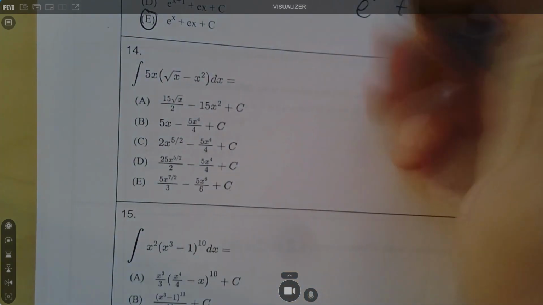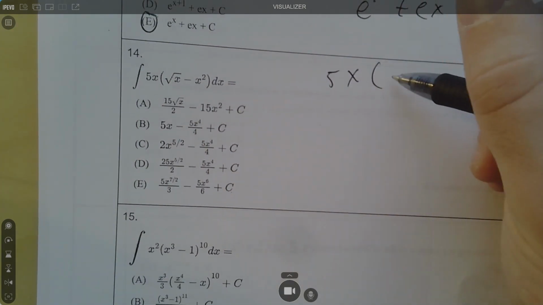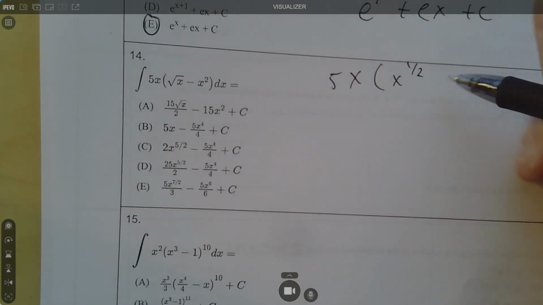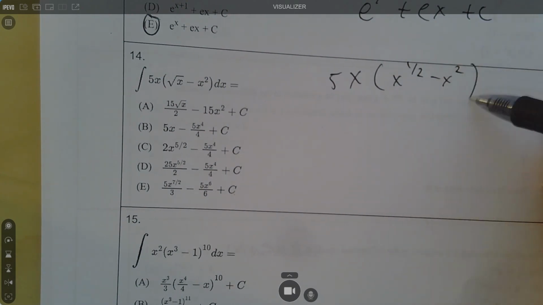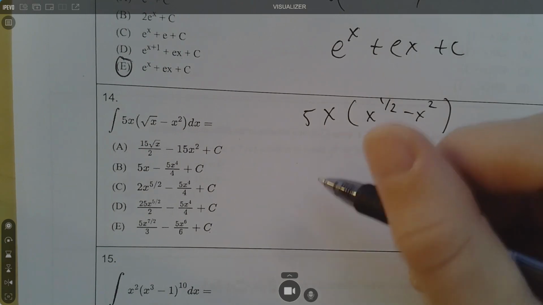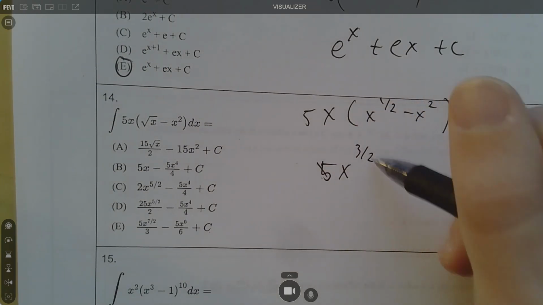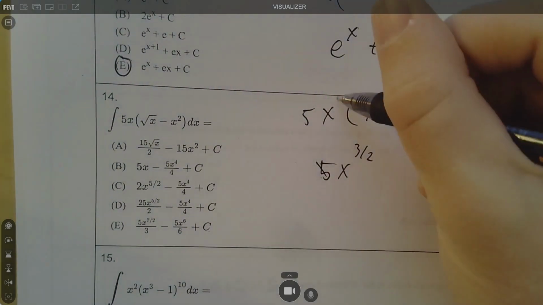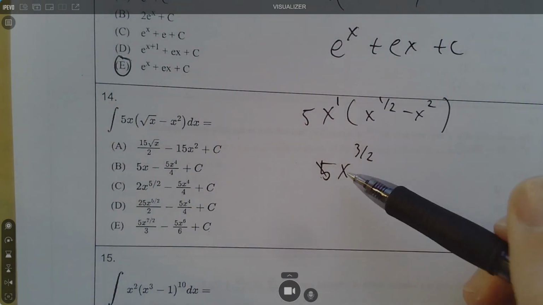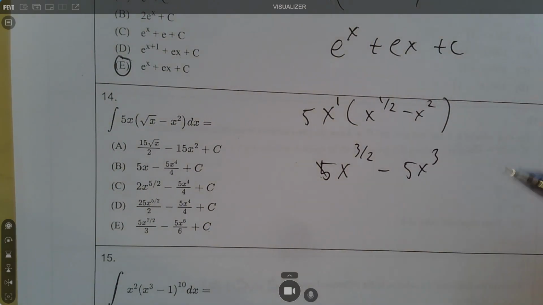So what you're actually going to do here is multiply things out. You can simplify this by rewriting that as x to the 1/2 minus x squared, and we're just going to multiply this straight through. So 5x times x to the 1/2 is actually 5x to the 3/2, because there's a little 1 up top, so you're doing 1 plus a half, that's 3/2, minus 5x to the third.